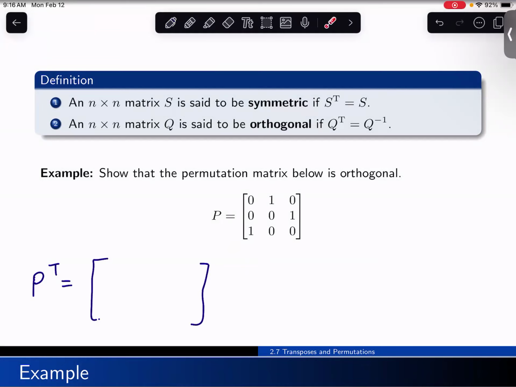How I usually do the transpose is I look at the first row, and it becomes the first column of the transpose. First row becomes the first column. Second row becomes the second column. And the third row becomes the third column.